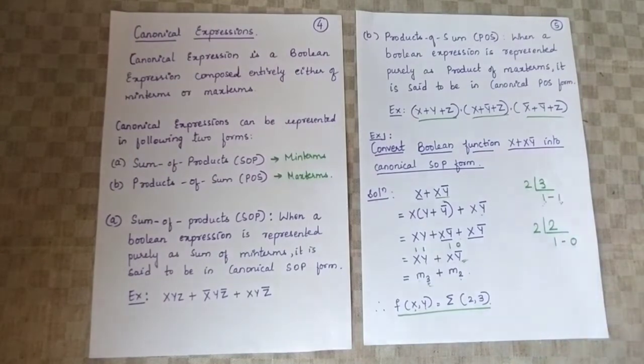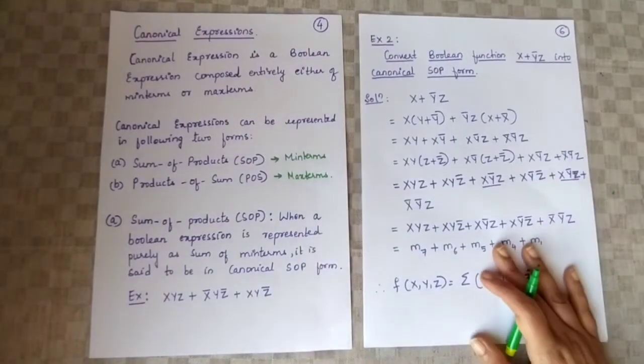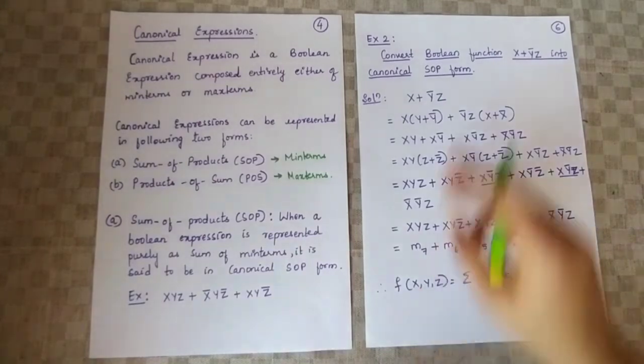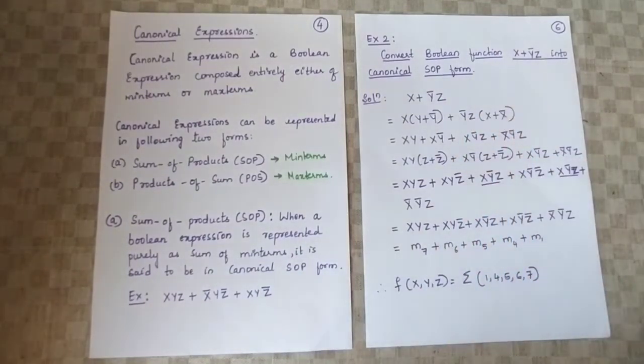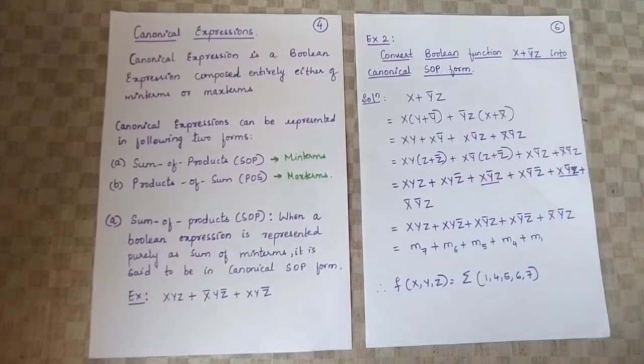So this is how we convert the given Boolean expression into canonical sum of products form. Now let us take one more example. Convert the given Boolean function x plus y complement z into canonical sum of products form.